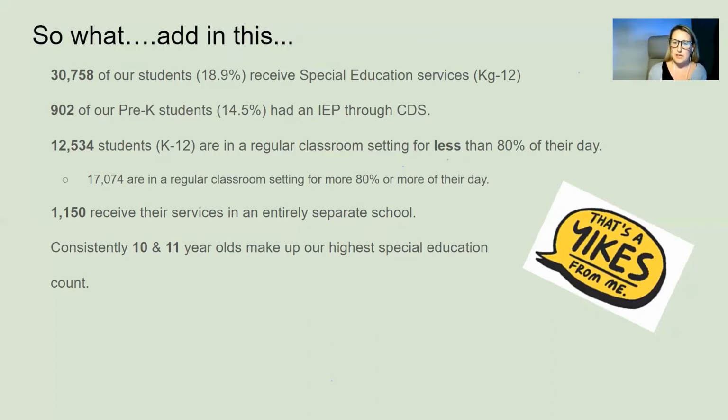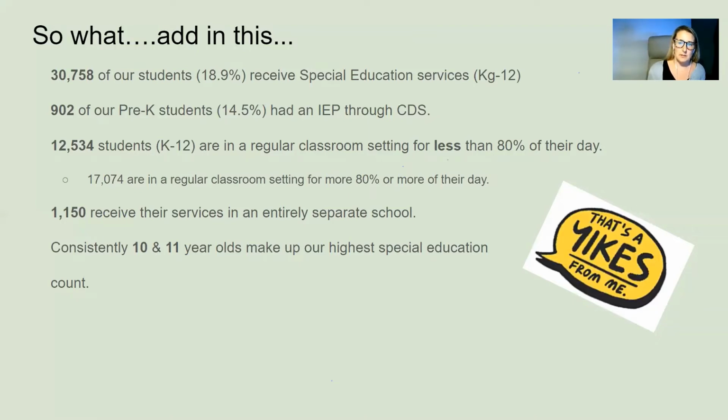So less than 80% of their day, almost 13,000 students, were not in a regular ed setting. 17,000 were. Now, about 1,150 received their services in an entirely separate school. So that number does need to come out because they're not part of a regular education setting. Their needs require them to be in a setting that might be a special purpose school. Some are in hospitals, our juvenile system, things like that.